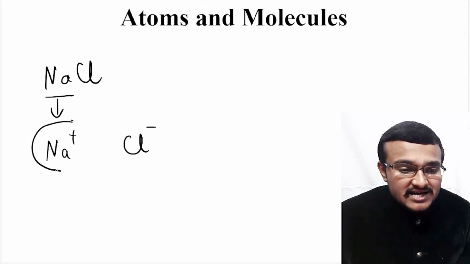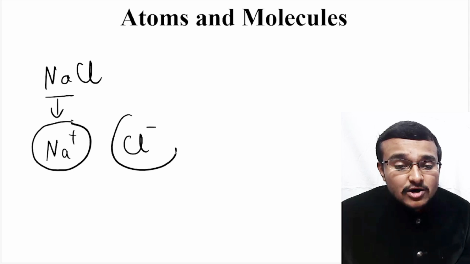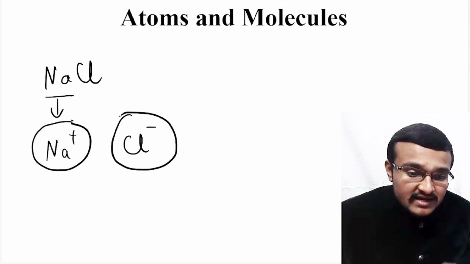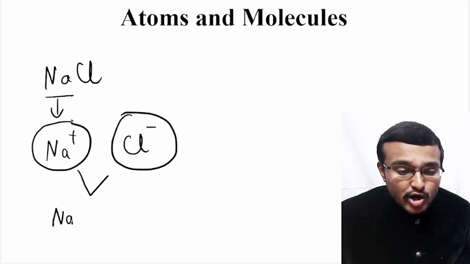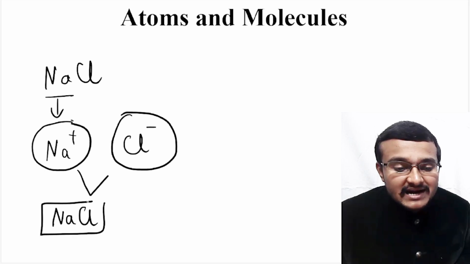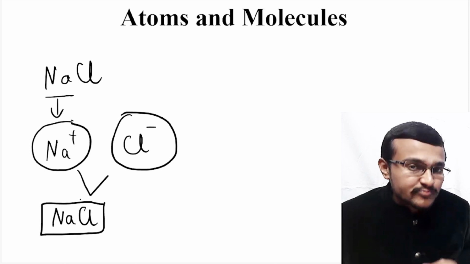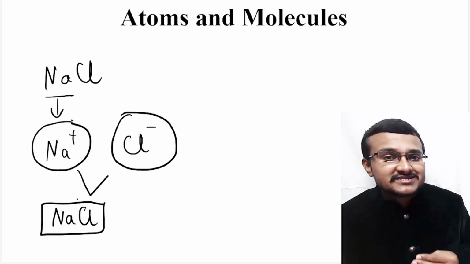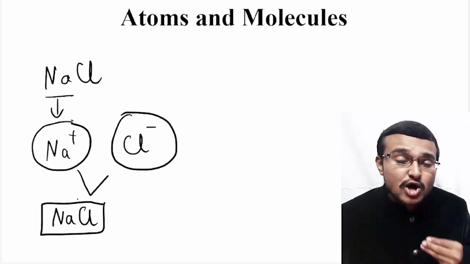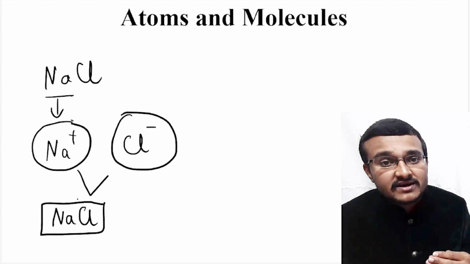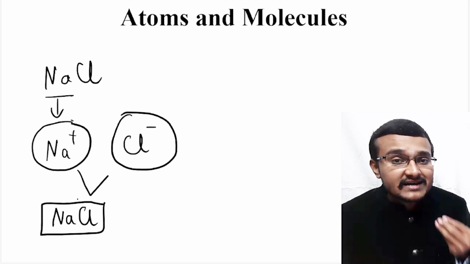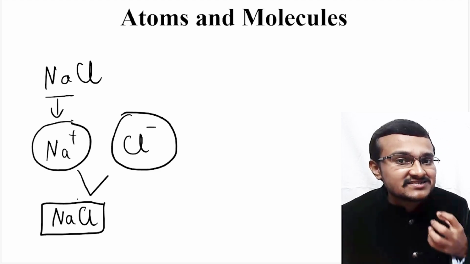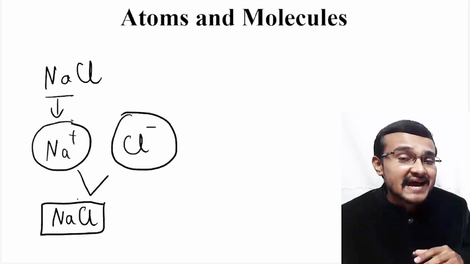Here the positive charge of sodium is cancelling out the negative charge of chlorine, and at this time there can be a stable bond formation between sodium and chlorine. So how is this possible? To understand this, you should have an idea about how many electrons are there in chlorine and in sodium, and you should also understand how the valence shells in atoms are arranged.